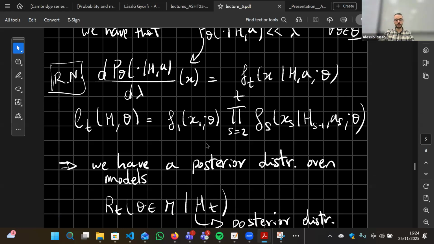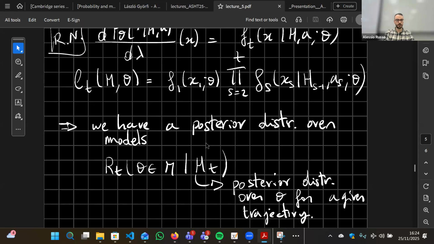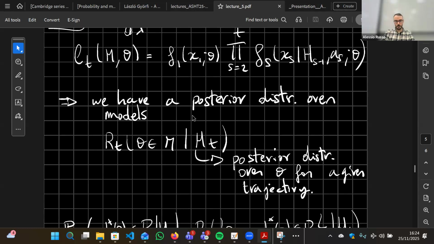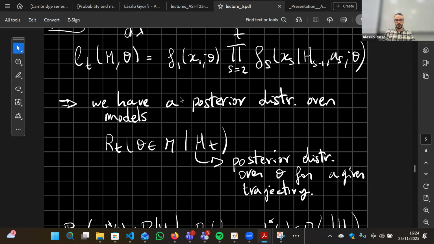Once we have this likelihood, it's possible to show that the posterior over models given HT will be a ratio of integrals of likelihoods. I didn't write the expression, but you can find it in the lecture notes.